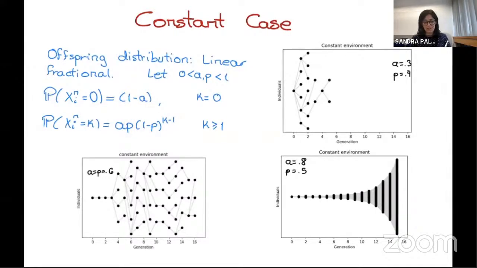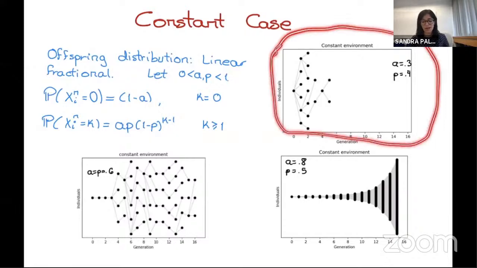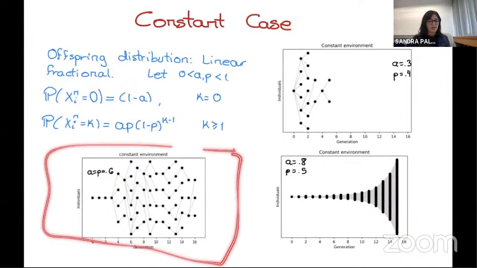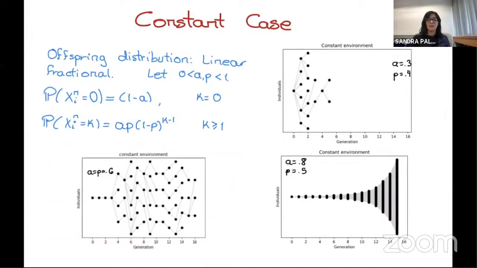Here we have different behaviors. In the first behavior, when A is less than P, we are in the subcritical case, and that means that we will have extinction almost surely, and the extinction is quite fast. In the second case, when A is equal to P, we are in the critical regime, and in this case, we will have almost sure extinction, even though on average we have one child per generation.